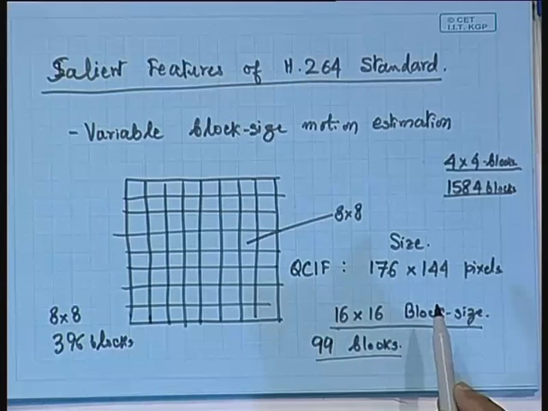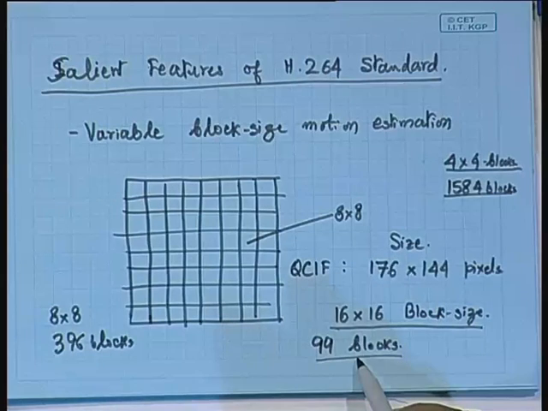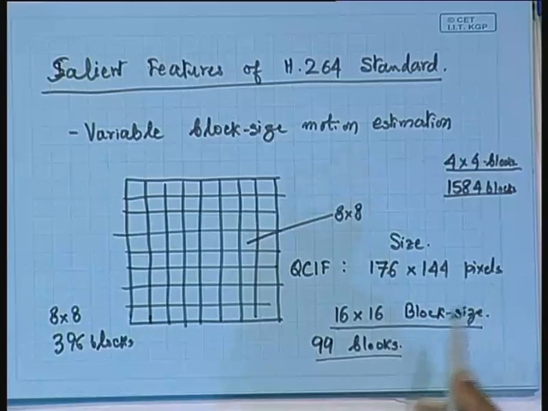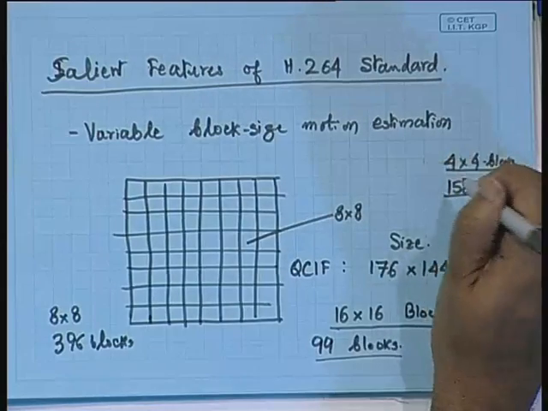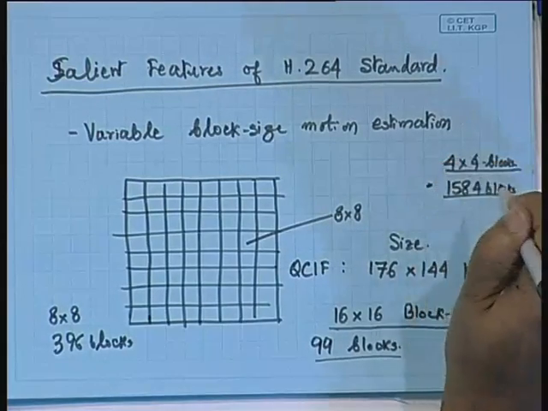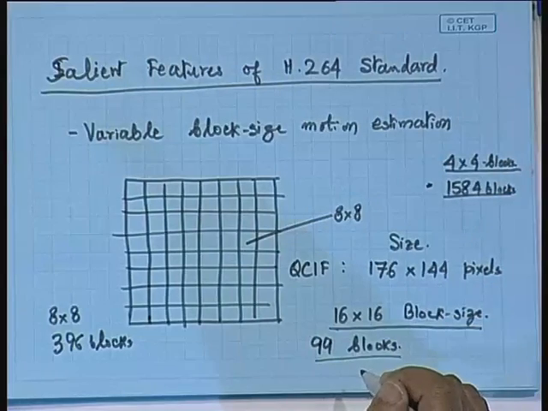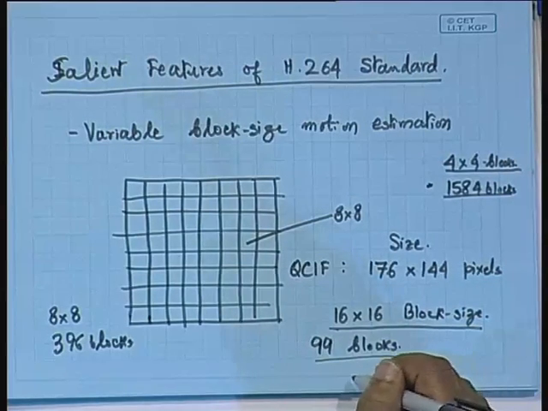That is 16 times as many motion vectors to be transmitted. So, naturally, encoding the motion vectors will consume much more number of bits. So, definitely from that point of view, the larger the block size is, the better it is for us. If we could make it 32 by 32, still better.